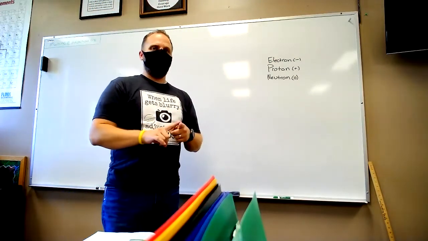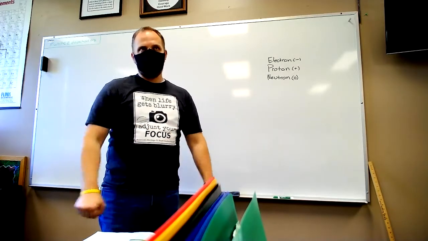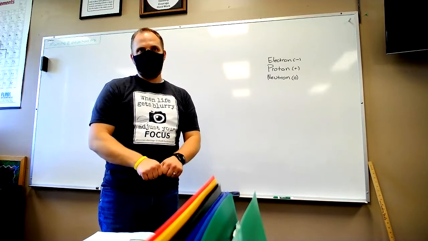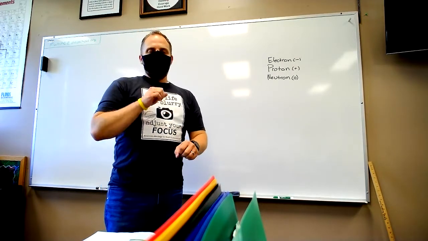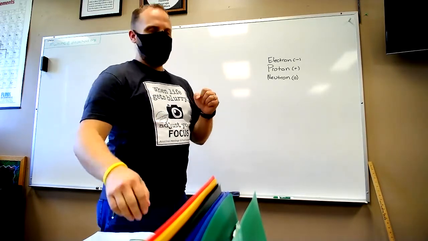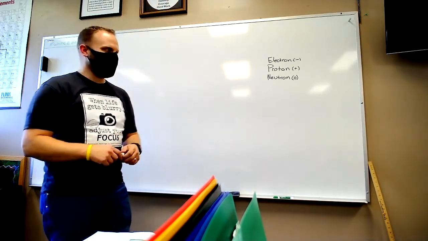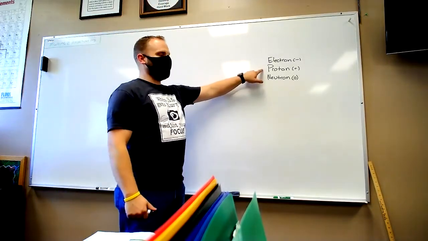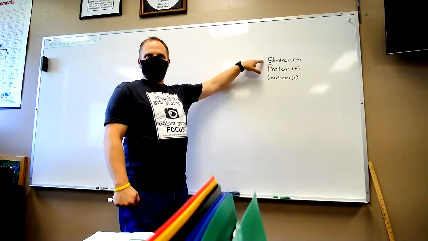And in a neutral atom, that also means that's the number of electrons. Okay? Because remember, protons are positive, so to be neutral, we have to have the same number of electrons.